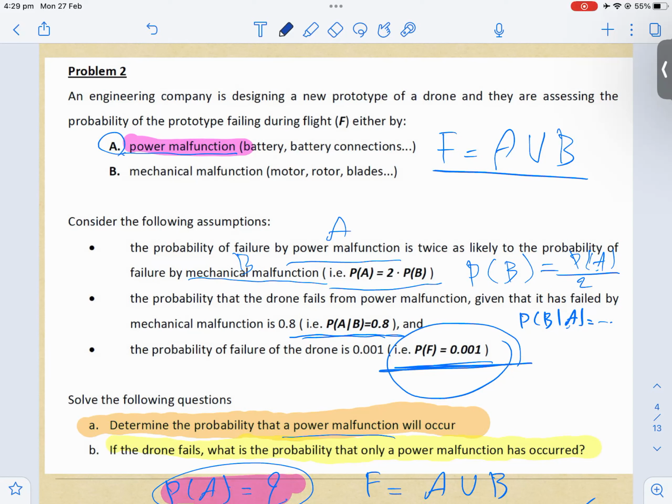Let's assume that the event that we have power malfunction, we will call A. The second reason we will call B. According to the company's experience, the probability that the drone will fail because of the first reason is twice that of the second reason.